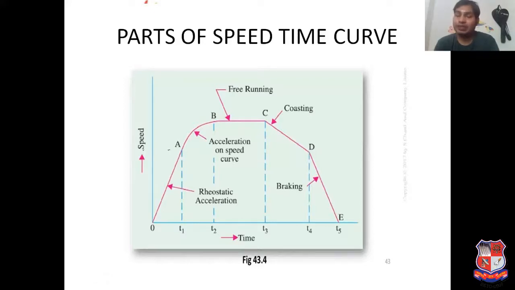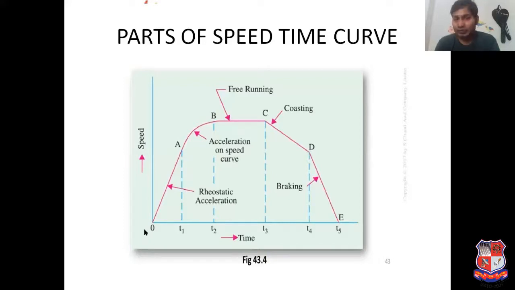That's why speed will increase, but not that much faster as earlier. So ultimately speed will become constant somewhere. So this duration 0 to t1 is known as constant acceleration duration. Then the time period from t1 to t2 is known as acceleration on speed time curve.